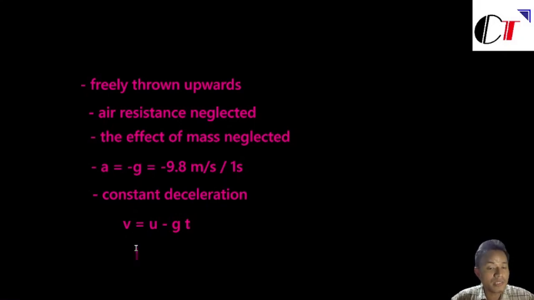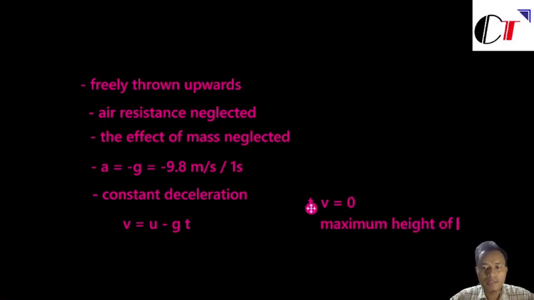You can easily see the speed will decrease with time, and at a certain time or height the speed will be just zero, and that we call the maximum height of the particle. So the particle cannot go further upwards against the pull of the gravity because it has no energy. Then it will just freely fall back to the ground.